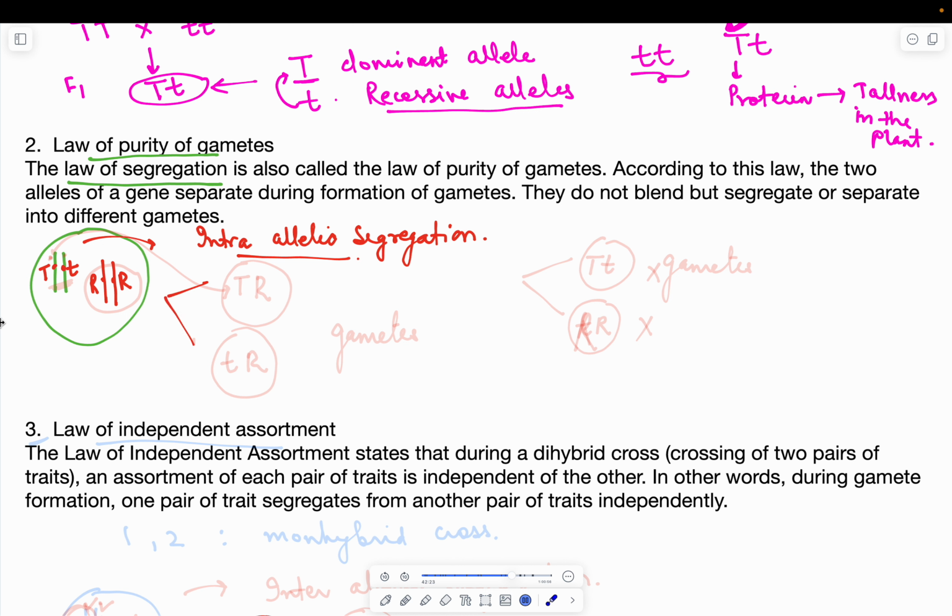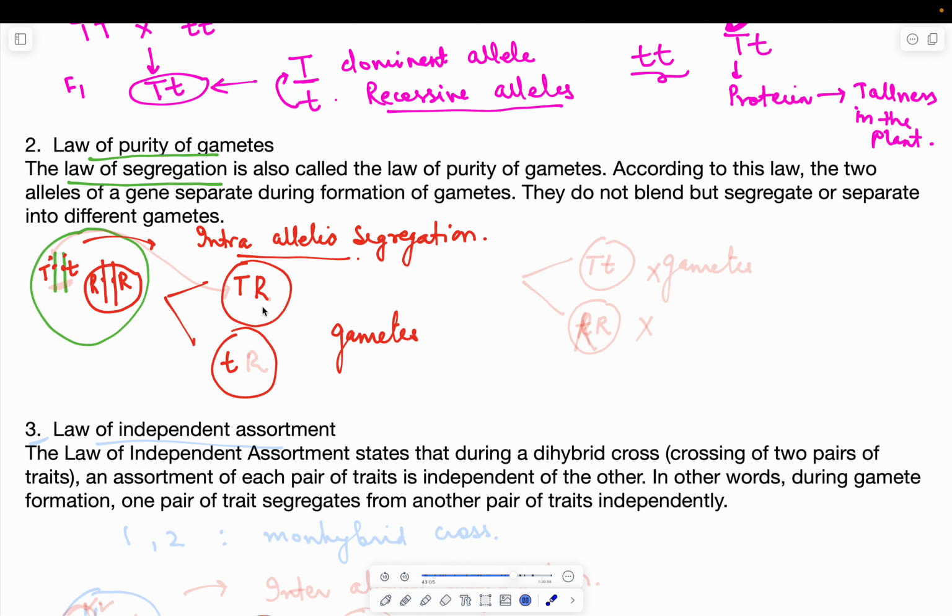During gamete formation, this cell will produce two cells by meiosis. Both these cells will have half the number of chromosomes. These are basically the gametes. Now you consider only this pair of alleles. Both these alleles will segregate independently of each other. One T will go into one gamete, and the other allele will go into another gamete. Now consider the second pair of alleles.